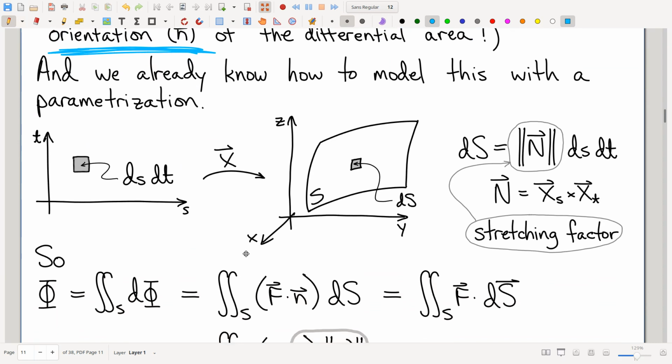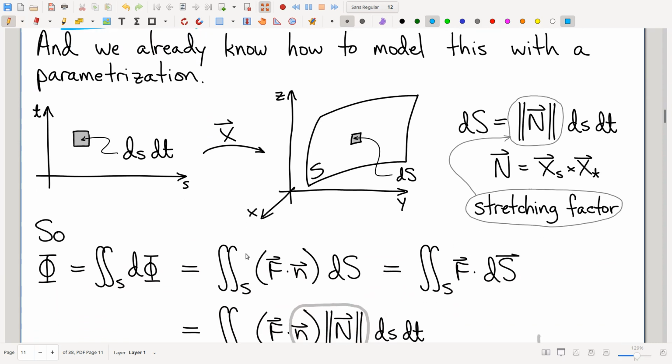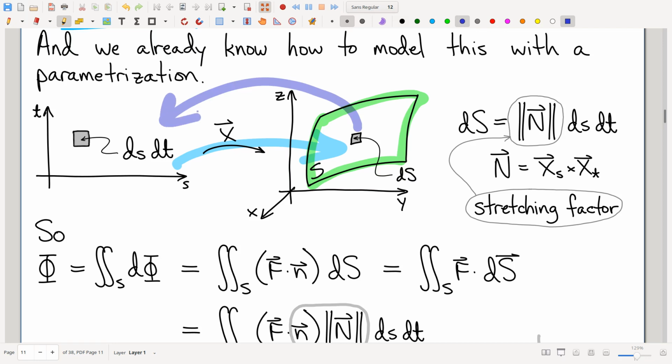Well, we have some details already worked out in the context of working out scalar surface integrals. We already talked about how the surface can be parameterized, and that this allows us to pull back integrals into the ST plane, and we did a couple of examples.